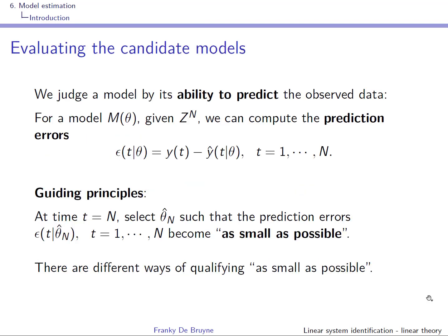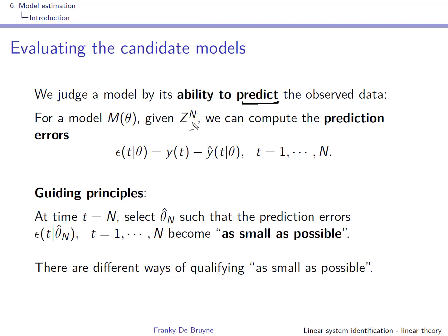This means that we're going to judge the model by its ability to predict the observed data, and predict is very important because we do not say simulate, right? If we had said simulate, we would only be using inputs, but we say predict, so we use past inputs but also past outputs, right?